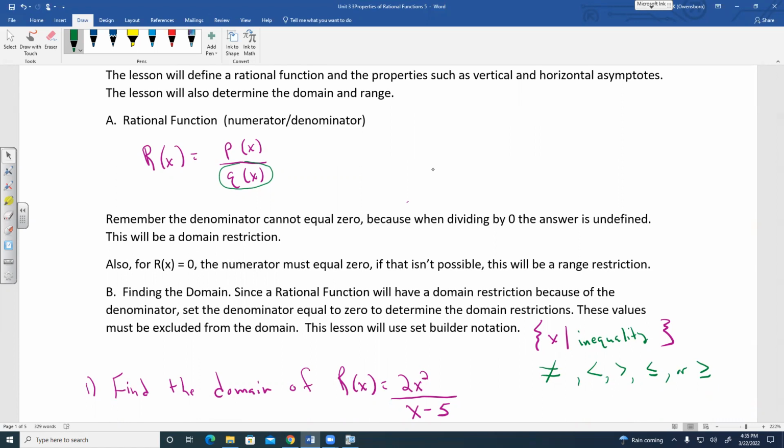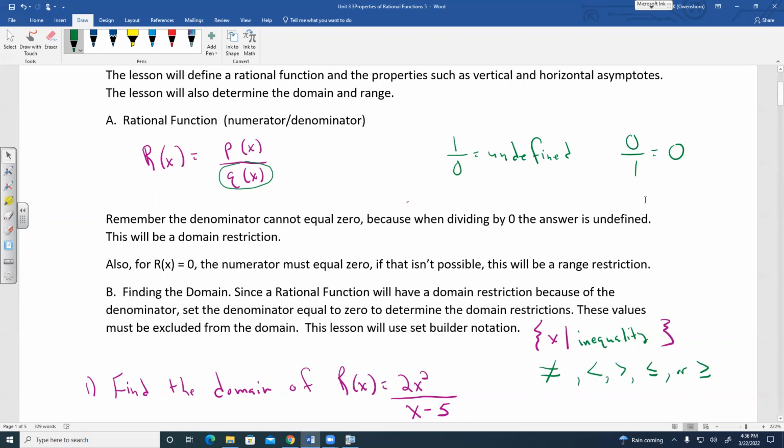So we have to pay attention to that as well in working with rational functions, since there's a numerator and denominator. Remember, if you have 1 over 0, that's undefined. But to get 0, it has to be 0 over some number, or 1, if you will. The 0 has got to be the numerator. That will give me 0. But remember, if it's not possible to make the numerator 0, then our answer cannot be 0.